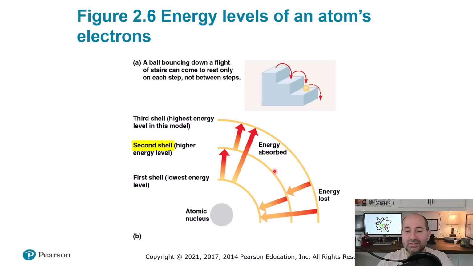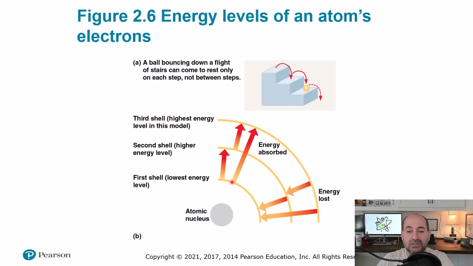You can think of a shell as a layer, like a layer of electrons. And you see the next shell, the next layer of electrons, the next bigger cloud, you can think of it that way. These are higher energy electrons. And then the third shell is even further away from the atomic nucleus. These have yet more energy in these electrons.